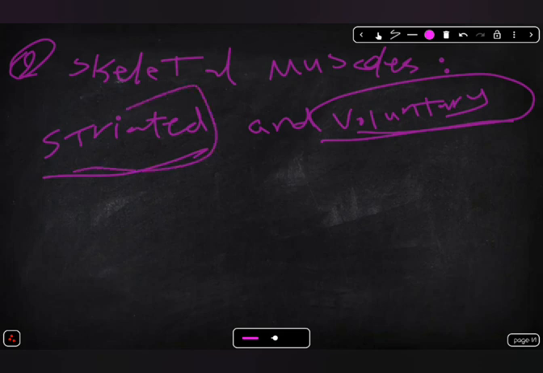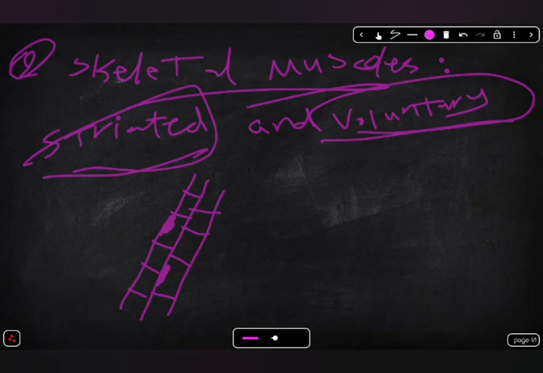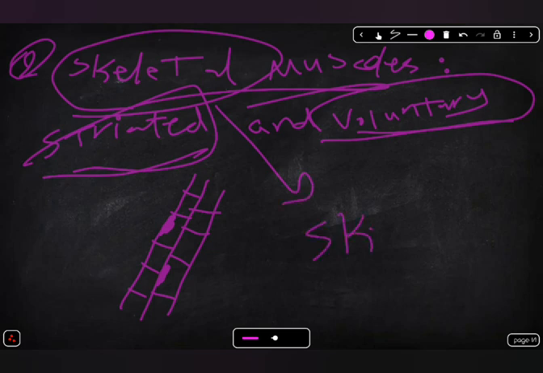Okay, the striated muscles, this is the shape of the skeletal muscles. Striated. There is lines inside it. Okay, like a line. Okay, I can found the skeletal muscles in the muscles connected with the skeleton.